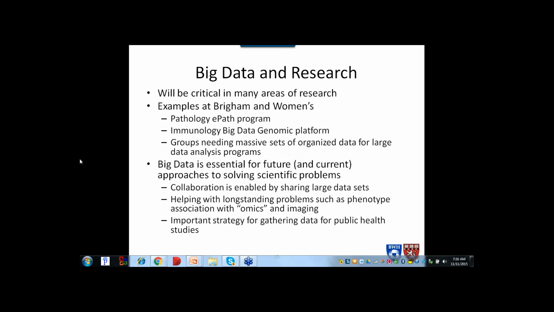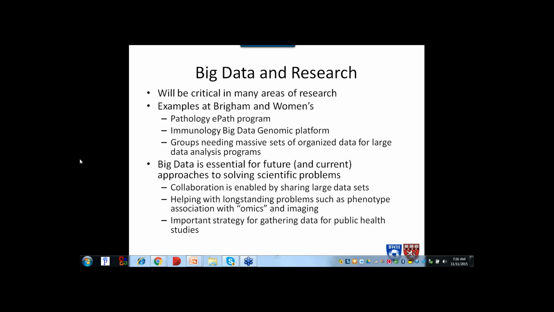In pathology, big data is going to be increasingly useful. Immunology is another place where it will be extremely important, and there's a genomic pattern focused around immunology. Groups like these do need massive sets of organized data to be able to run their programs. And overall, big data is going to be essential for future and current approaches to solving many scientific problems.